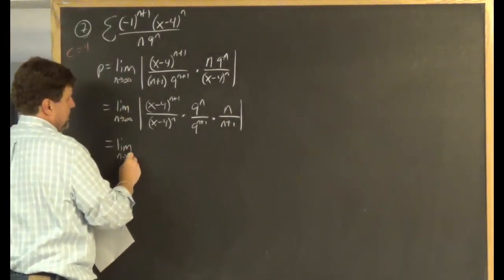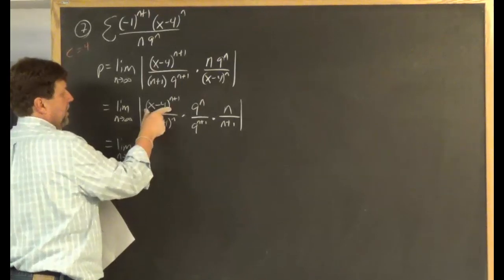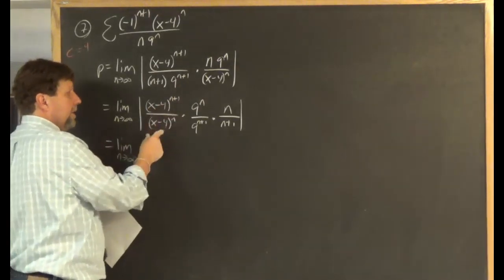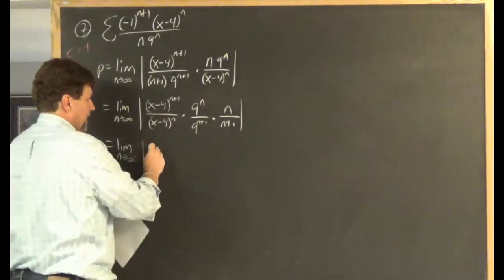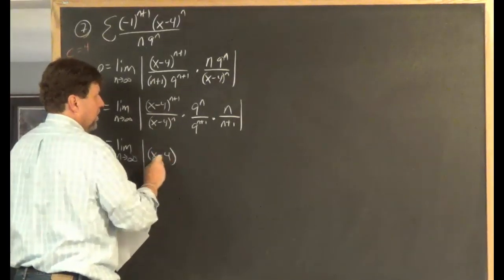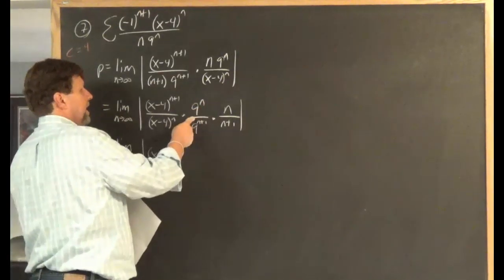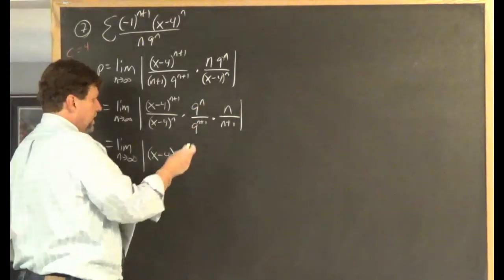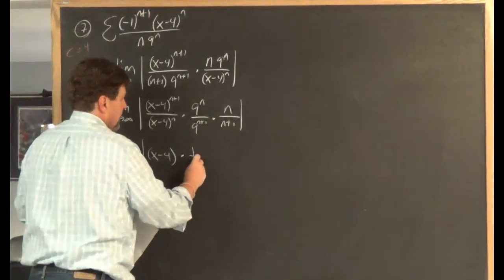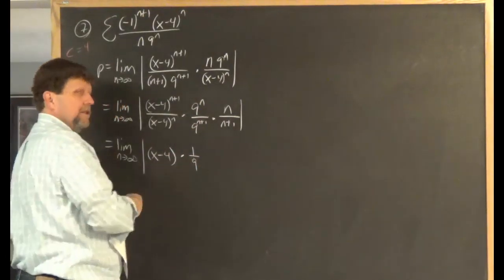All right, let's see what we can simplify. Well, x minus 4 to the n plus 1 over x minus 4 to the n, that simplifies to just an x minus 4. 9 to the n over 9 to the n plus 1, well, that simplifies to a 1/9, so that's looking pretty good.